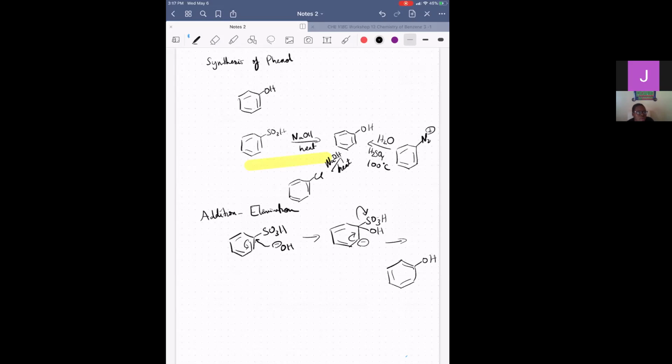Okay, so that's one way that we can generate our phenol. Another way is the reaction of a haloarene. We can take Cl on our aromatic species, react it in the presence of NaOH and heat, and this allows us to generate something that's really unique.